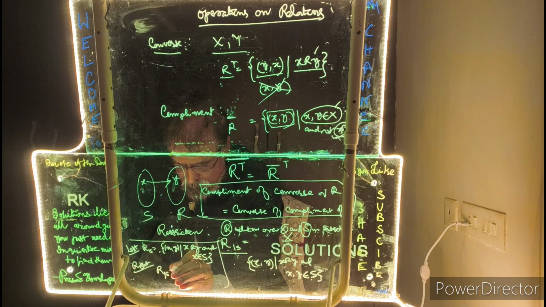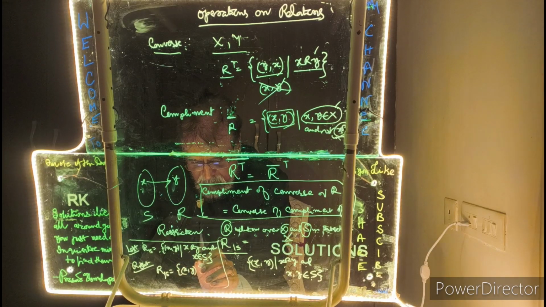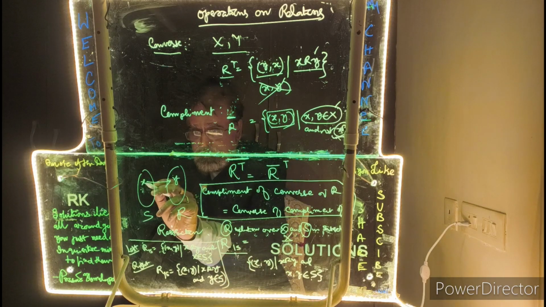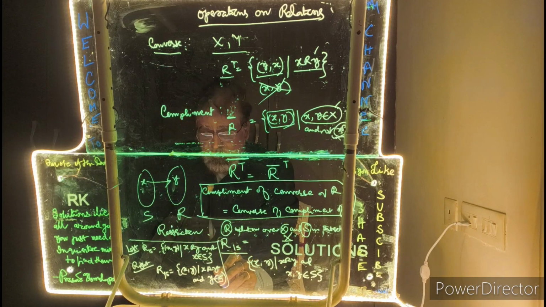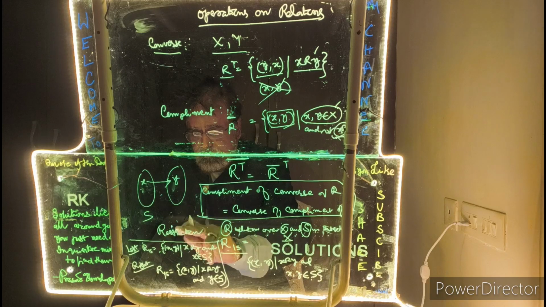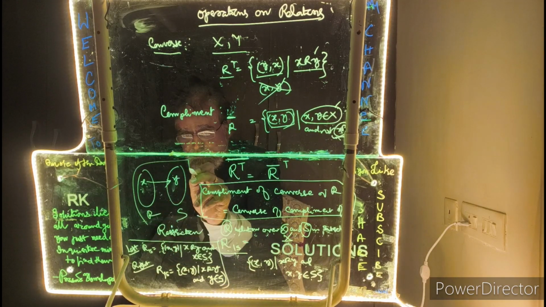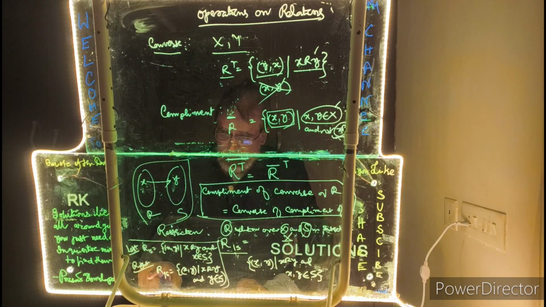It is the set where x is related to y and y belongs to S. Here x belongs to S; here y belongs to S. So that's the left and right restricted relations.